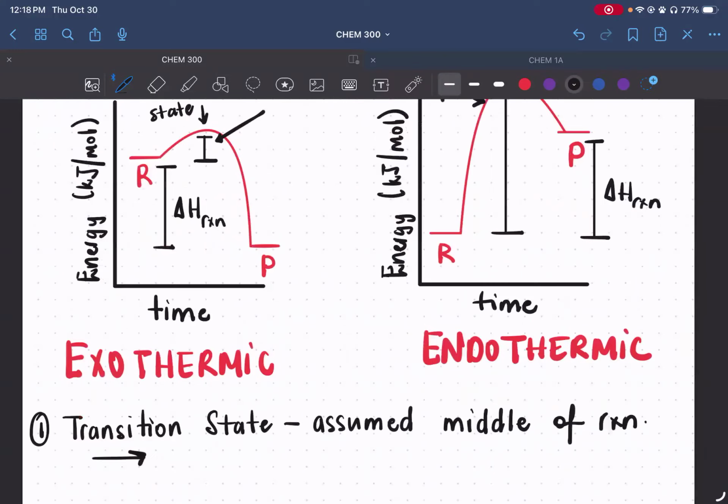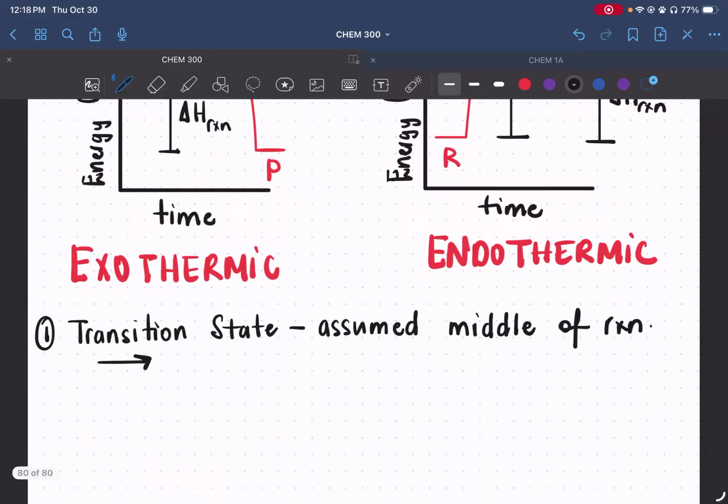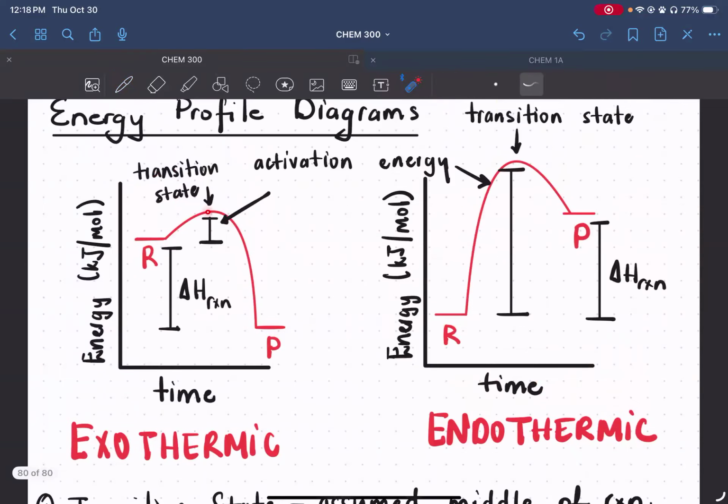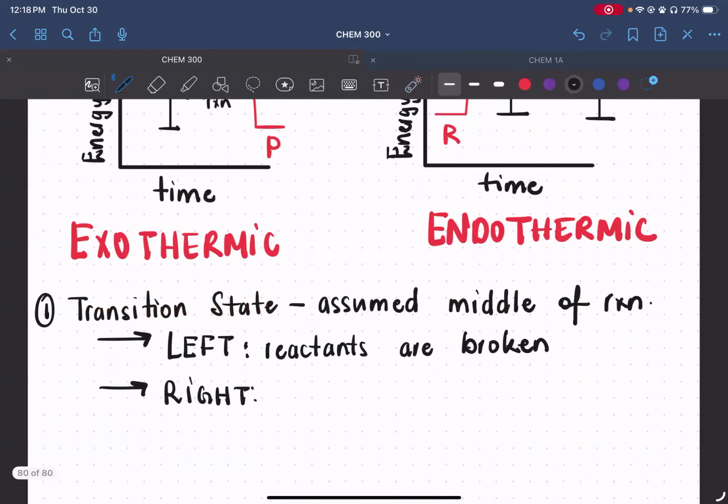It's what they have to overcome. It's the peak of the hike. The transition state tells us that on the left-hand side, reactants are being broken. It also tells us that on the right-hand side, that is after you overcome that highest point, products are being formed.